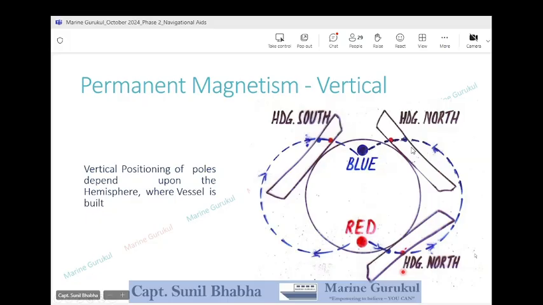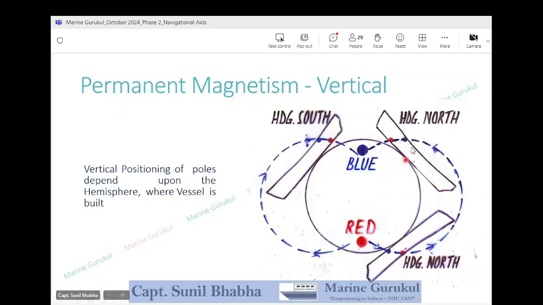So any ship which is built in the southern hemisphere will have a blue keel and a red deck. Any ship built in the northern hemisphere will have a red keel and a blue deck.